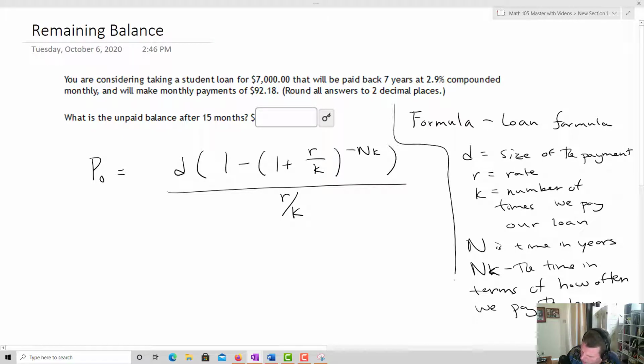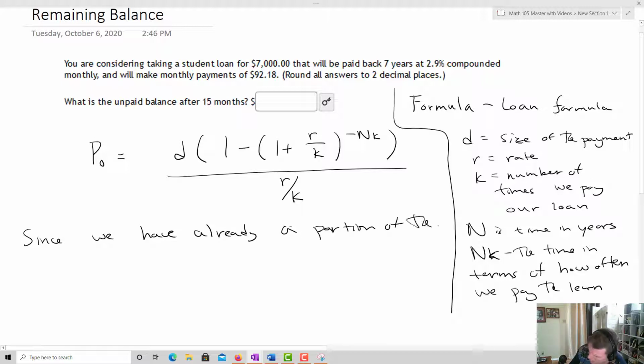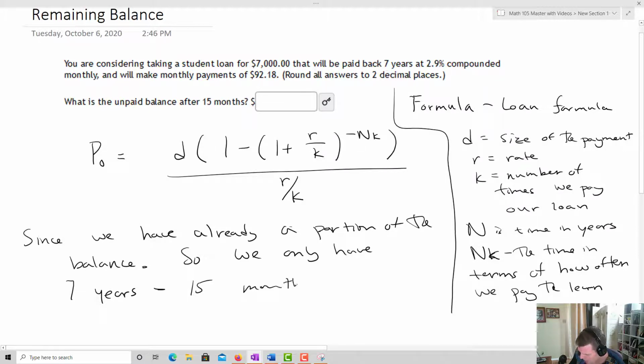So we're going to be using this equation. Since we are paying off a balance, and we have actually already paid a portion of the balance, we only have, in this case, 7 years minus 15 months left to pay.